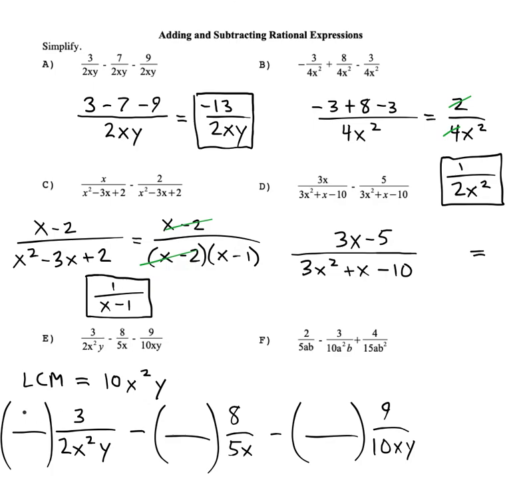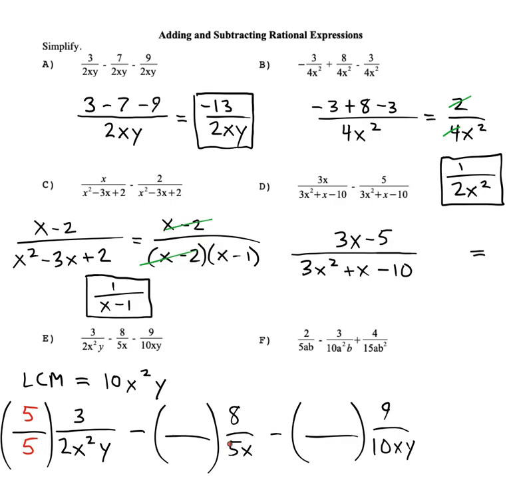And so if we multiply the top and bottom by the right choice here, we can turn the denominator into a 10x squared y. So the right choice for this one would be to multiply by a 5. So we'll just multiply by 5 over 5 here, because that'll make our denominator into 5 times 2, which is 10x squared y.